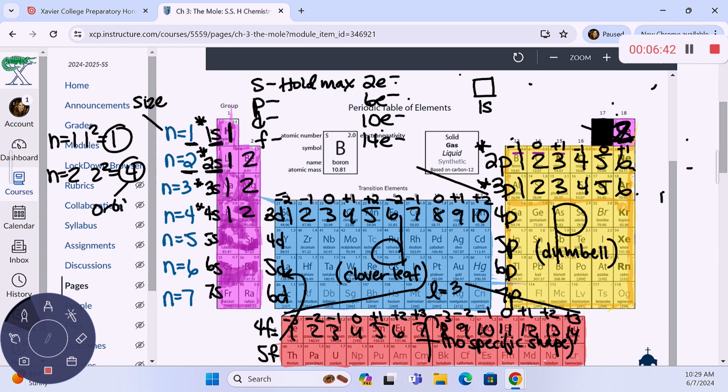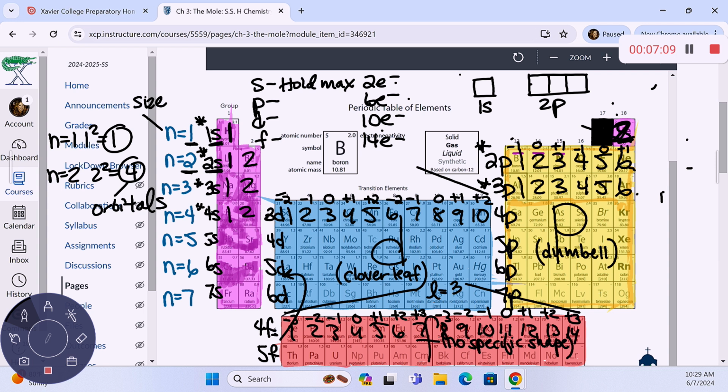Okay? If I'm looking at n equals 2, 2 squared is 4. So that means you have 4 orbitals in n equals 2. Okay, where do they all come from? Each s is 1 orbital because it holds 2 electrons. But if I've got 6 electrons that can fill a p, wouldn't I need 3 orbitals to accommodate those electrons? Do you see what I'm saying? So each one of these boxes is an orbital.